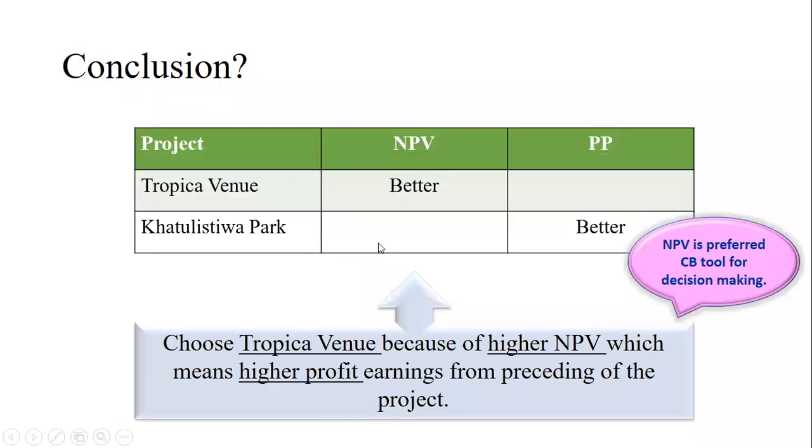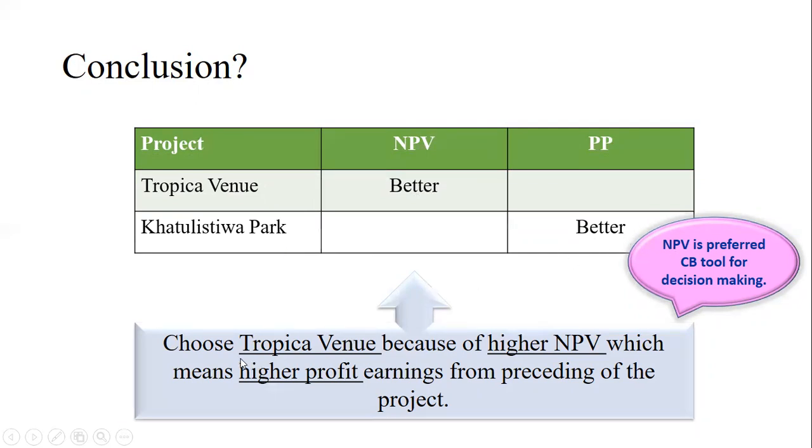As for conclusion, what can we say from this? In this question, we calculated the CBT using 2 techniques, NPV and PP. As for Tropical Venue, the first project, based on NPV we prefer Tropical Venue. As for payback period, we prefer Khatulistiwa Park as it provides a shorter payback period.